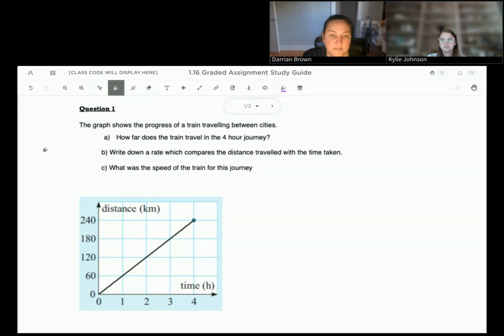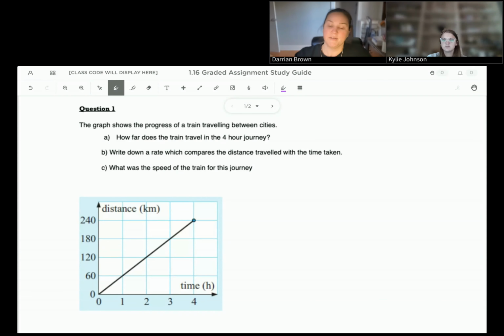What do y'all think? You need to look at your graph, go over to 4 hours, and then go up until it crosses the line. So right here, how many kilometers for 4 hours? I'm going to turn the chat box back on. Y'all change your chat box to go to room for me instead of staff.